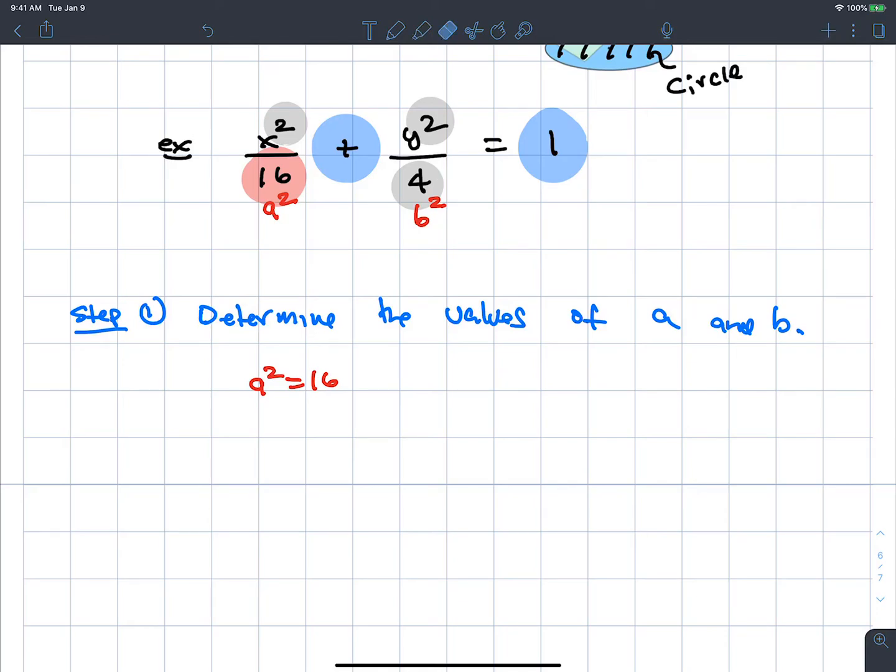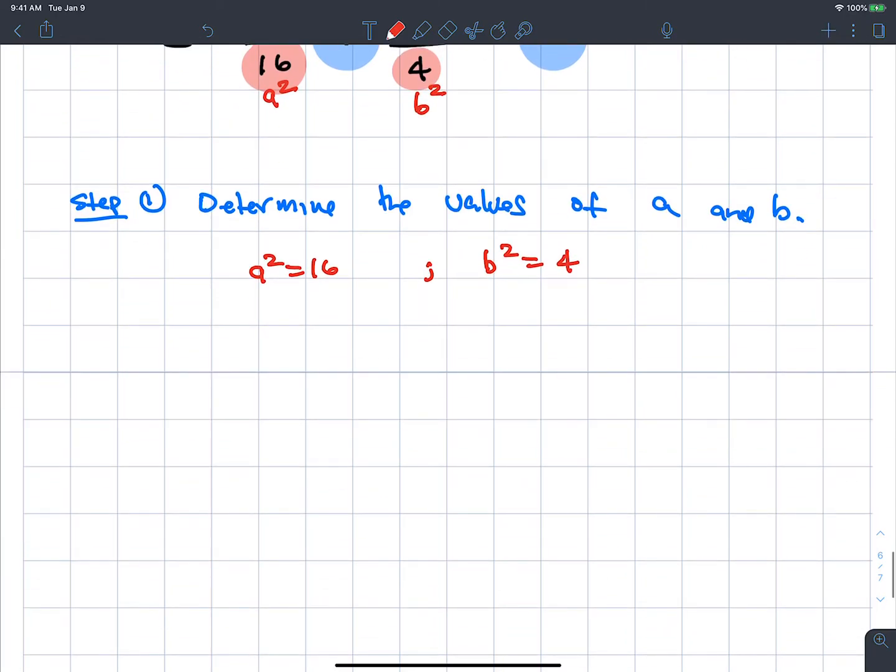And then similarly, b squared is 4. The value of b squared is this number here. So solving for a and b, we're going to use the square root formula. A will be plus or minus square root of 16, which means a is plus or minus 4.